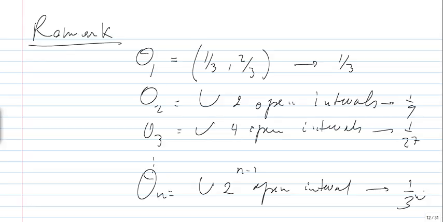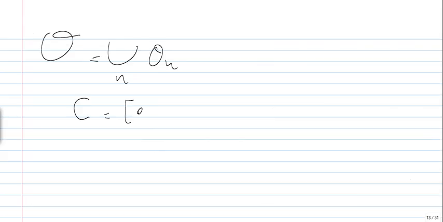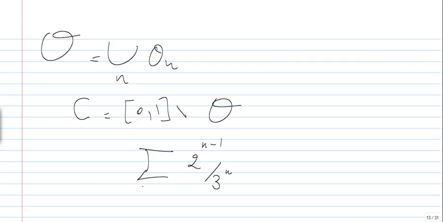If you take the union of all these open intervals, it gives you an open set, and that's the complement of C. In other words, C is equal to [0,1] minus this open set. They are all disjoint intervals that you're removing, so if you take the sum of the lengths of all these intervals, you find the sum of 2 to the power n minus 1 over 3 to the power n, from 1 to infinity.